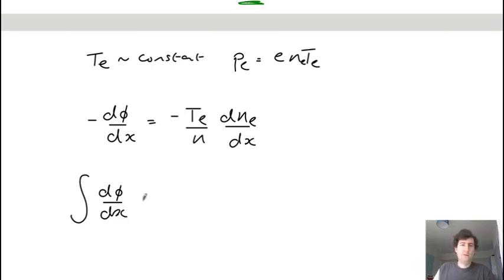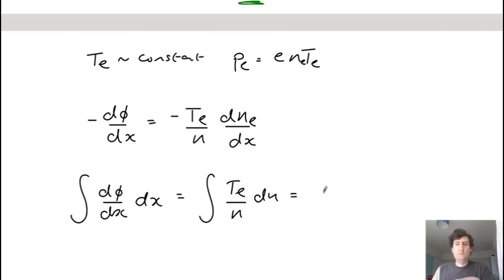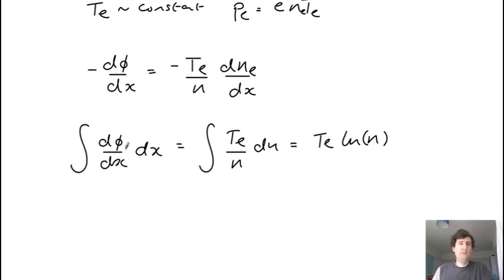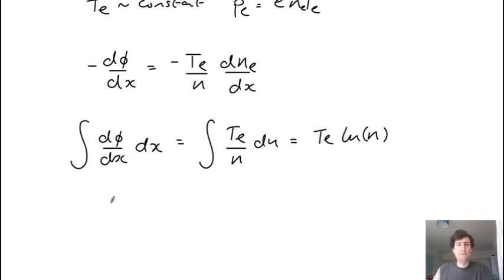We're going to integrate that in dx, and then this gives the integral of Te over n, so Te is constant, dn, and this of course just gives the log. So this is Te times the log of n, and this gives the change in potential from the wall to wherever you are, whichever location it is.